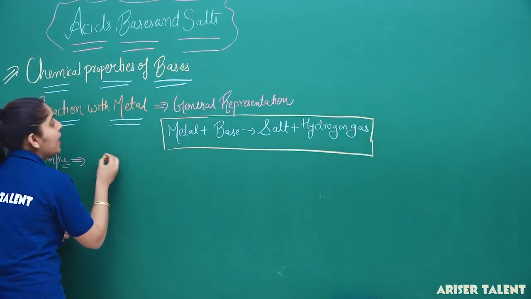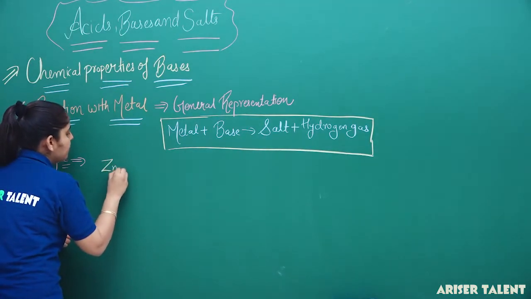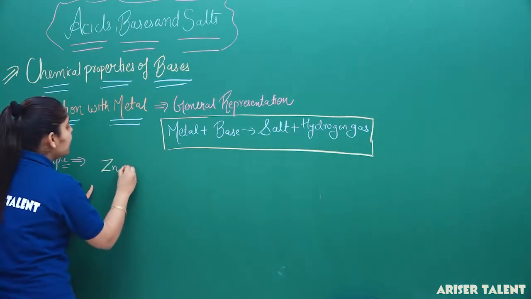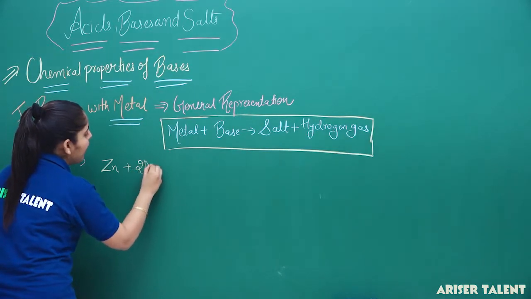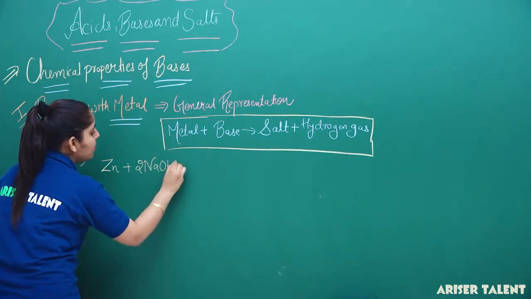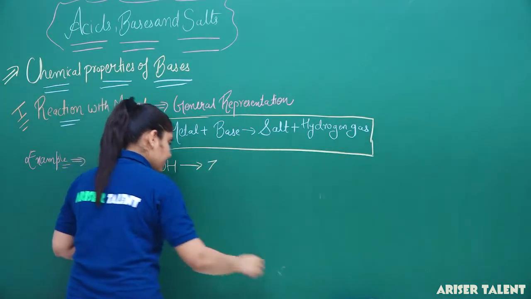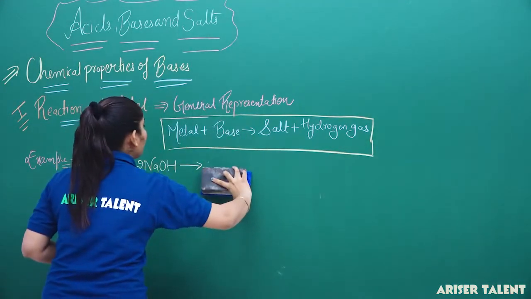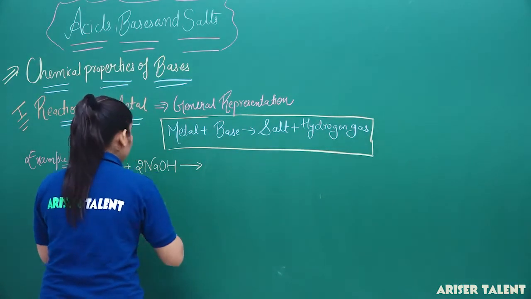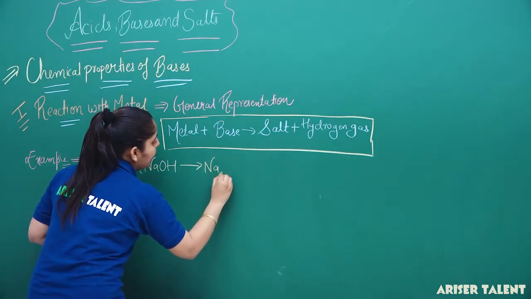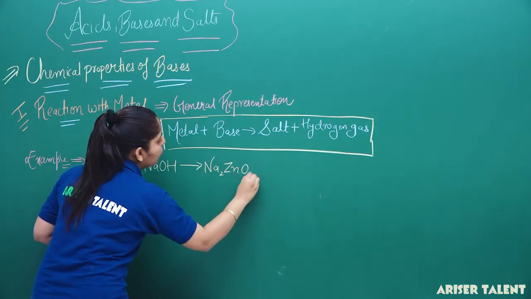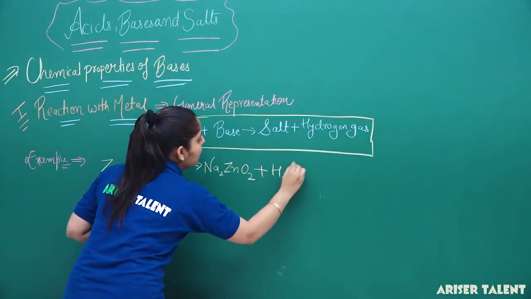The example here is, I am taking a metal that is zinc. We are reacting zinc with sodium hydroxide, that is caustic soda, and in the product side we will get sodium zincate, that is a salt, Na2ZnO2, with the evolution of hydrogen gas.